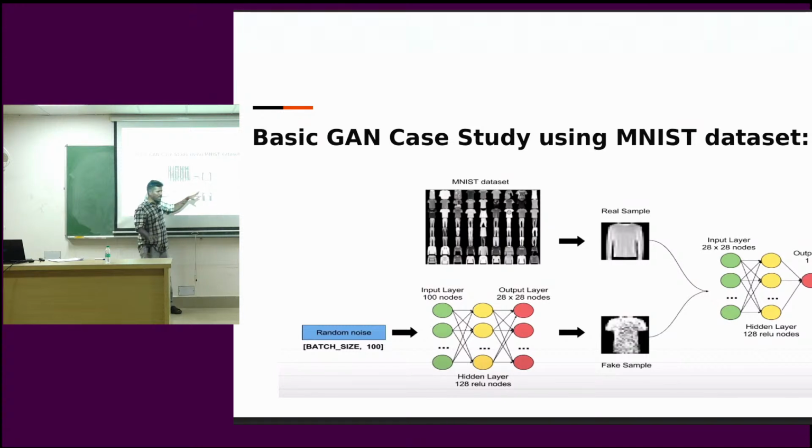But because of the way we take up the loss function and minimize it, ultimately the discriminator is unable to discriminate, and the generator starts generating the real samples. After convergence, the sample you see here is the same as the real sample.